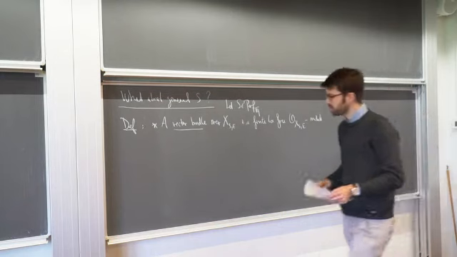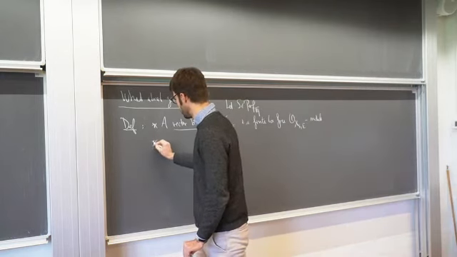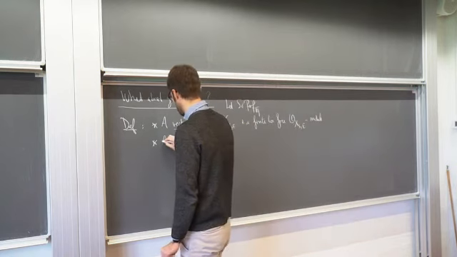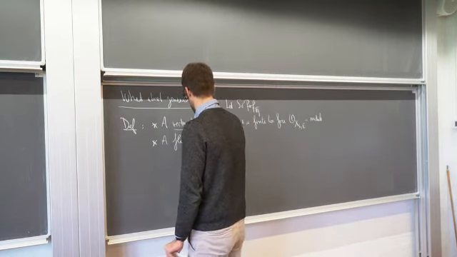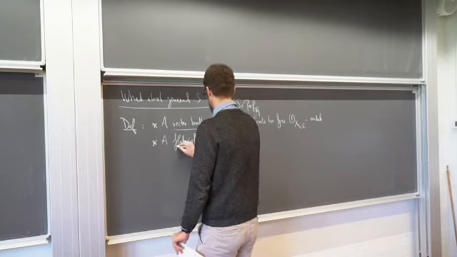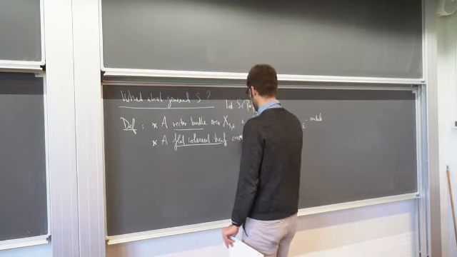I already said this last time, but let me just repeat it. And I also want to define another notion, which is the notion of a flat coherent sheaf over X_{S,E}.